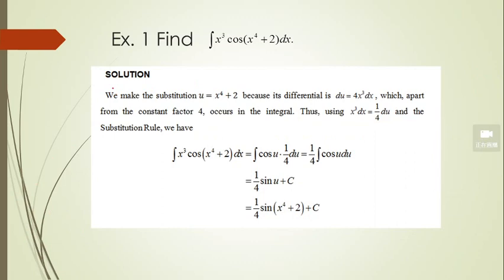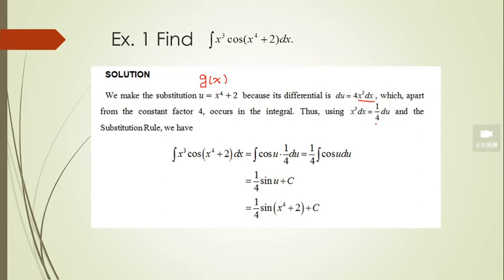So here, let's check the solution. We make the substitution for u, and we know that is g(x), and its differential du over dx is 4x cubed. So we can write dx on the right side. We are using this substitution because we only have the x cubed times dx term.